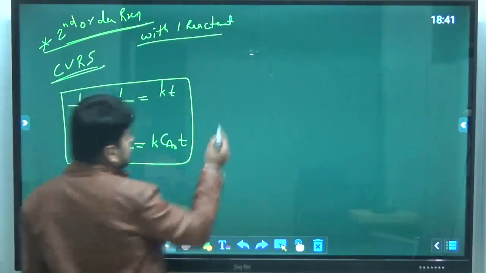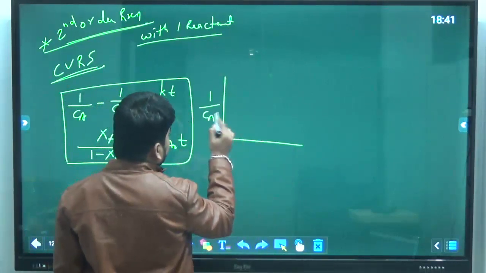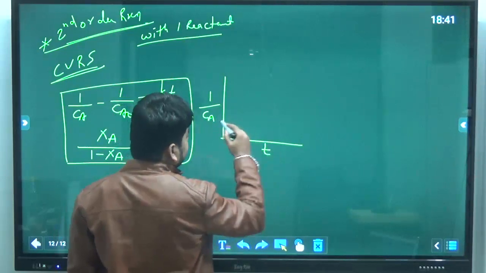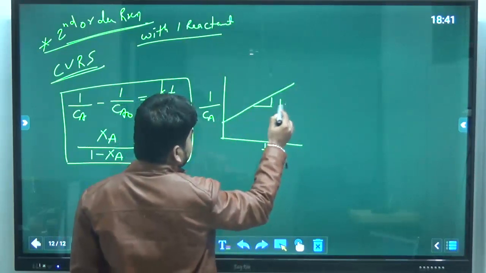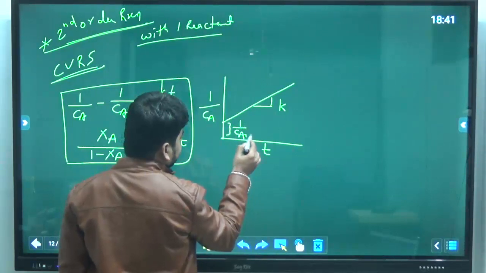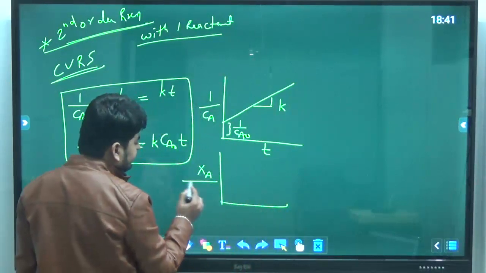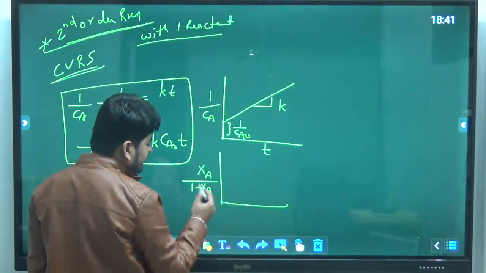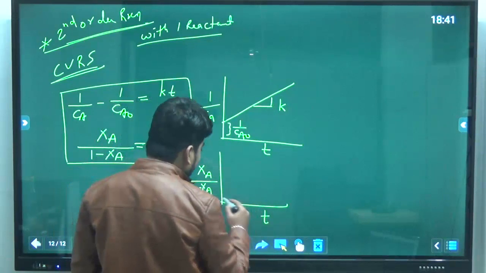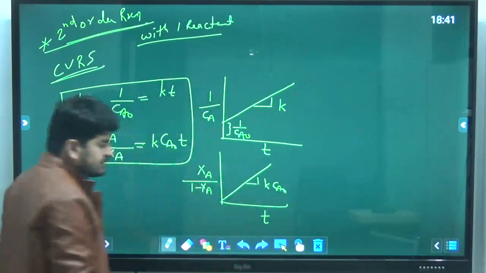So if you plot their kinetic curves, to get a straight line, you have to draw a curve between 1 over Ca versus T, and that will be a straight line with the slope K having intercept equal to 1 by Ca0. And in terms of conversion, to get a straight line, you have to draw the curve between Xa over (1 minus Xa) versus T, and that will be a straight line with the slope K Ca0.